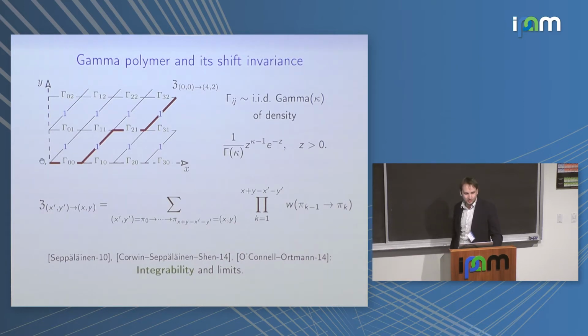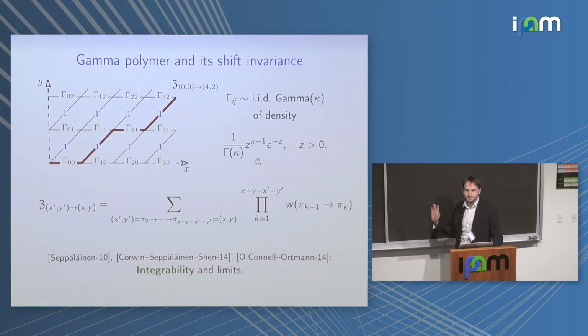It turns out that what is nice is to do the following. You're looking at Z squared, but now the edges are either diagonal, like here, or horizontal, like there. Again, we are going to put independent weights on the edges. On each horizontal edge, we are going to put an independent gamma distribution with some parameter kappa. Here is the formula for the density of the gamma distribution.